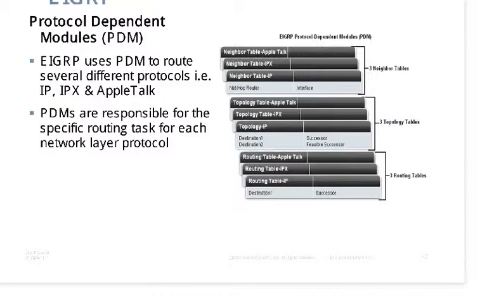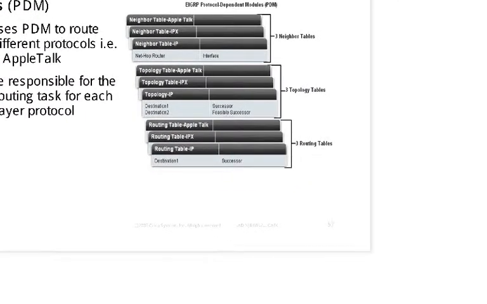For each one, we have a protocol dependent module. It's just a new process; I spin off another EIGRP process to deal with a specific network layer protocol. Based on that, we need to have three or more copies of all the tables, one per network level protocol.